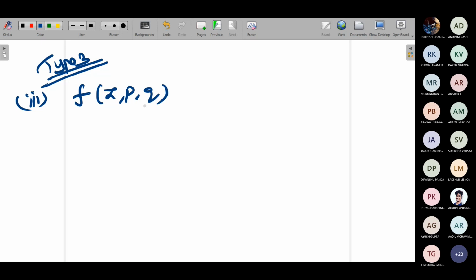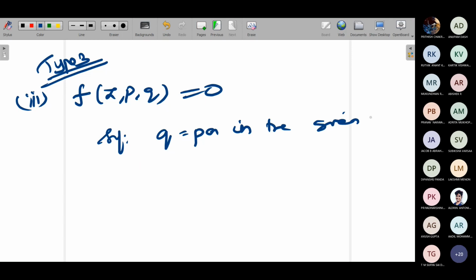Equations involving f of z comma p comma q equal to 0. Whenever you have equations like this, substitute q equal to pa in the given equation and solve for p.